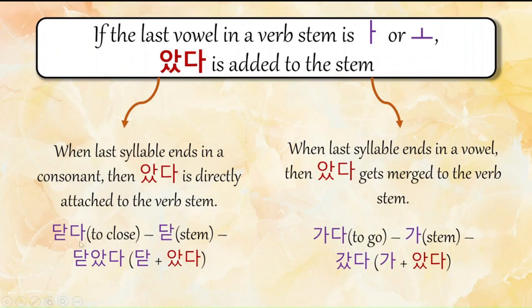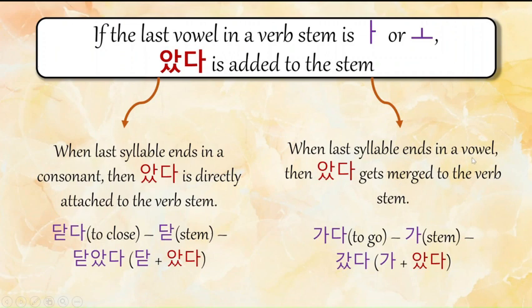For example, look at this verb thatta. Verb stem is that. Notice the last vowel, it is a, but the stem ends in a consonant. So atta gets directly attached to the verb stem and it becomes thadatta. This is how this rule works.